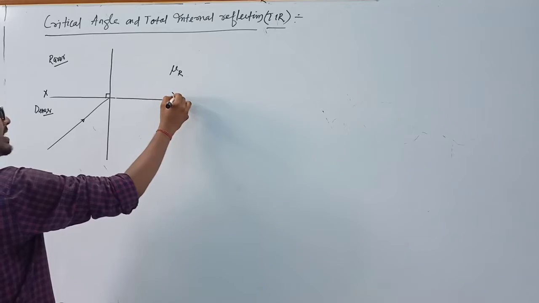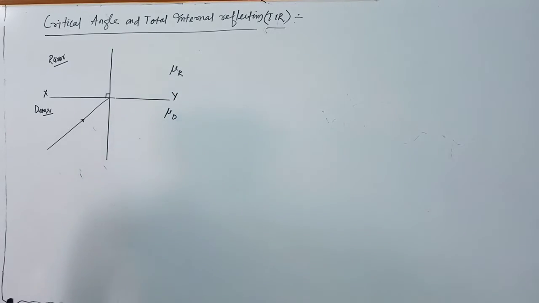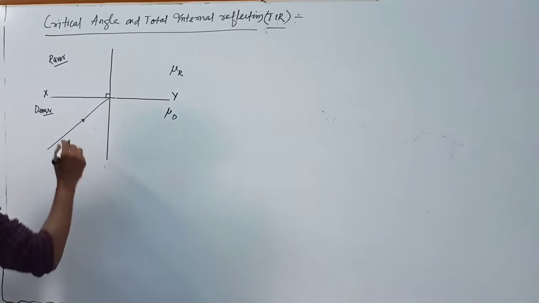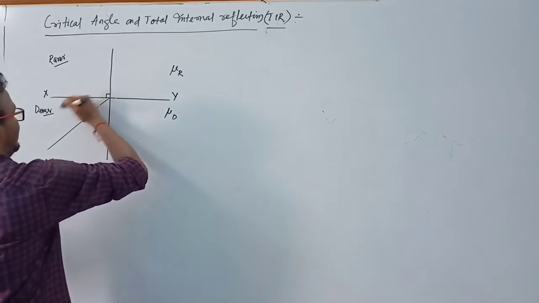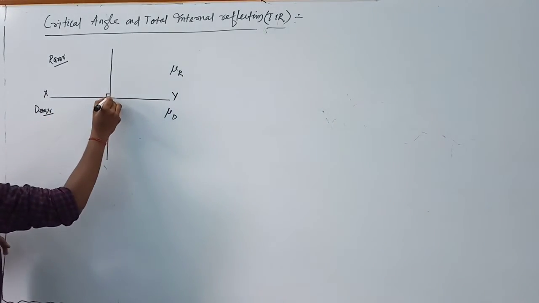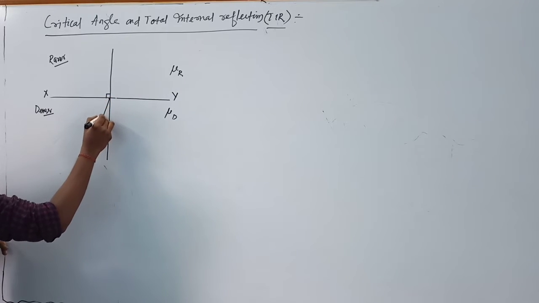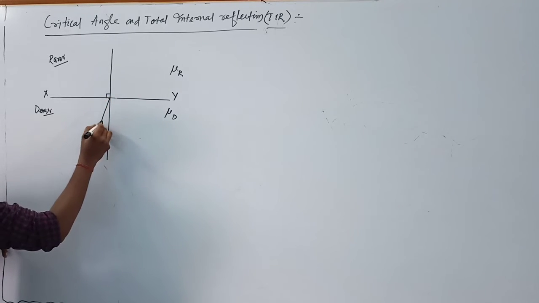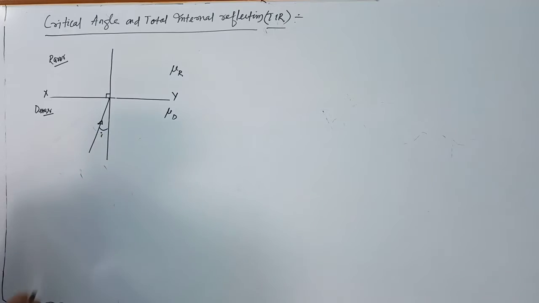Suppose this is the interface xy. Clear? Okay. And suppose this is the incident ray like this, and this angle is known as the angle of incidence.